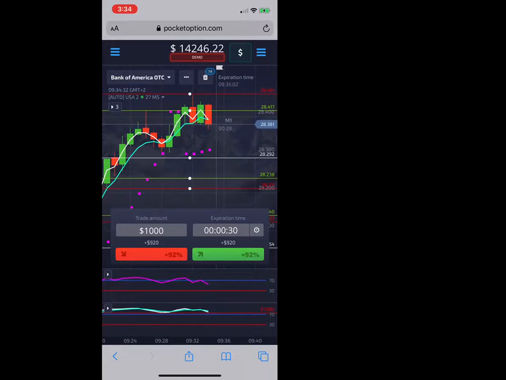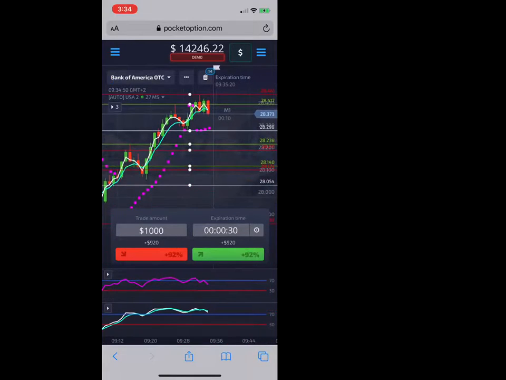So it's on 30 seconds. I wouldn't trade that. So this next candle, I'm a little iffy about this one. I don't know if I want to sell or what.